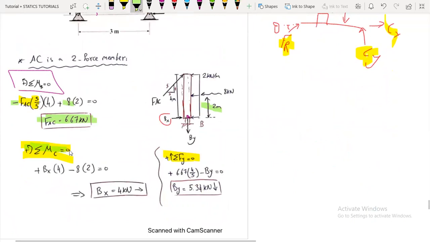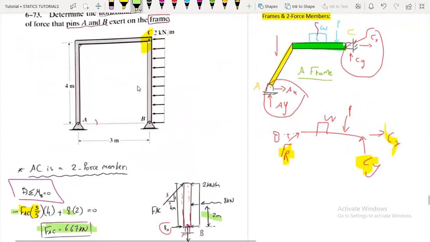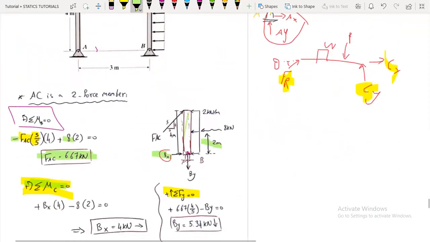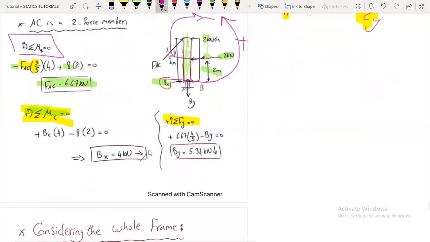We have the force Bx multiplied by the distance, which is 4 meters, and then we have minus 8 kilonewtons multiplied by the distance, which is 2 meters. Here the 8 kilonewtons is rotating clockwise, so it's negative, and here the Bx is rotating counterclockwise, so it is positive. So from this one equation we can find Bx.